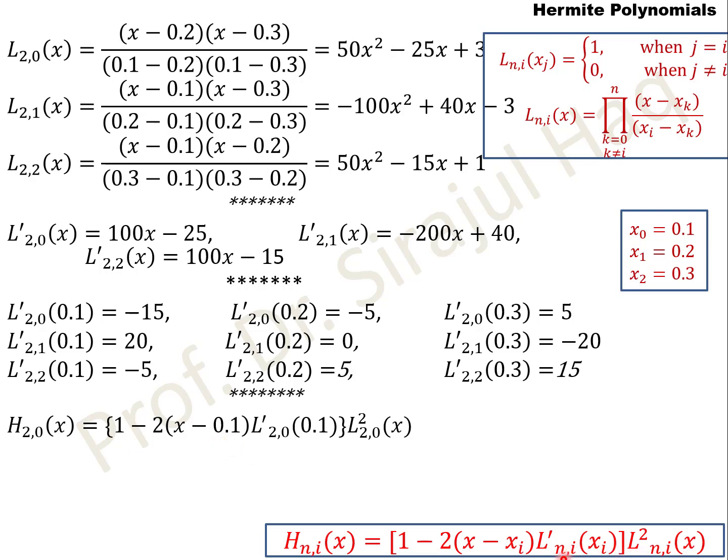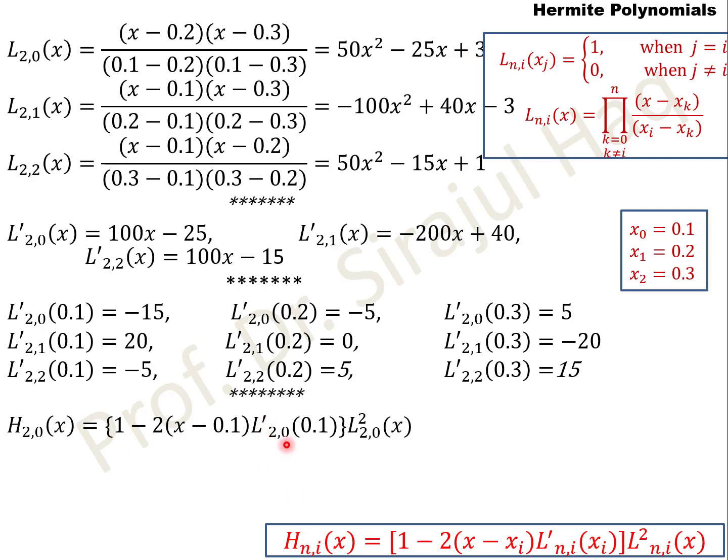Similarly, L2,0 prime at x naught, x naught is 0.1, and L2,0 squared at x, which is there. Now if you look at this expression, L2,0 of x is given by 50x squared minus 25x plus 3.